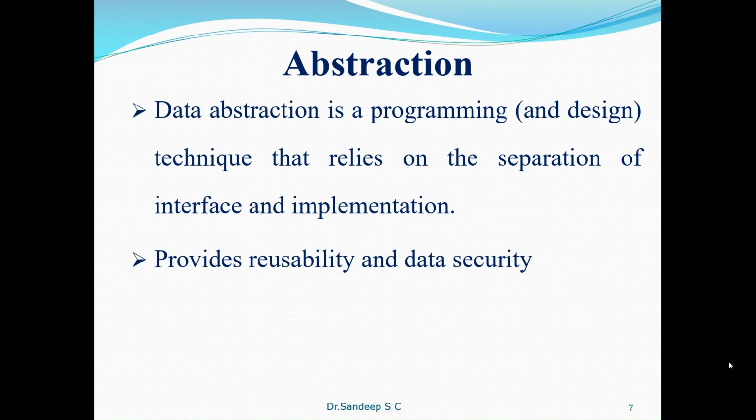Like that, depending on what level we are working at, our abstraction layer changes. Similarly, in programming, we have an abstraction model in OOPS. That is, we will be using certain objects without worrying about their implementation. So that provides us reusability and also data security.